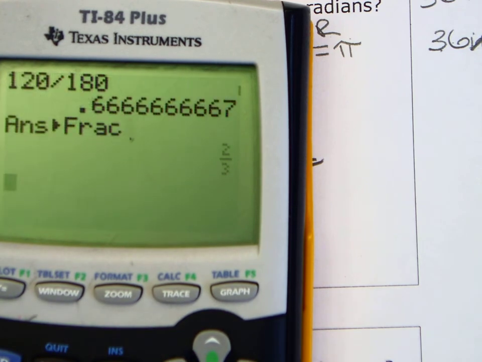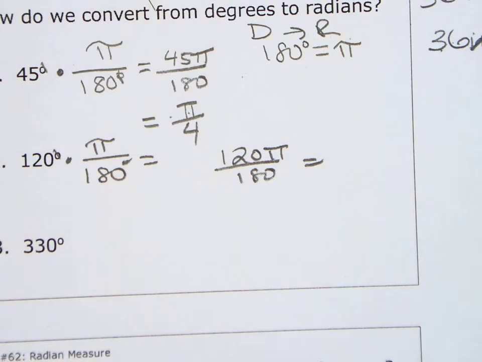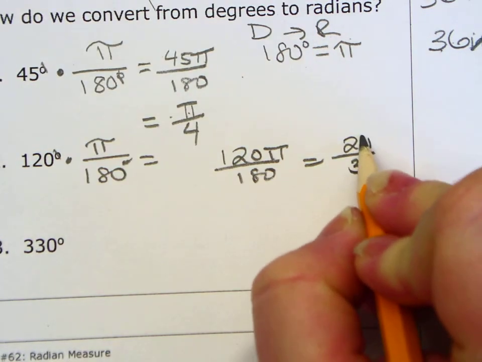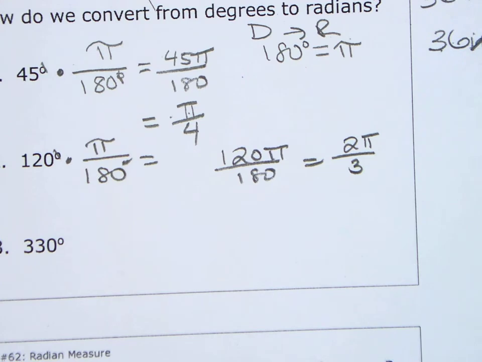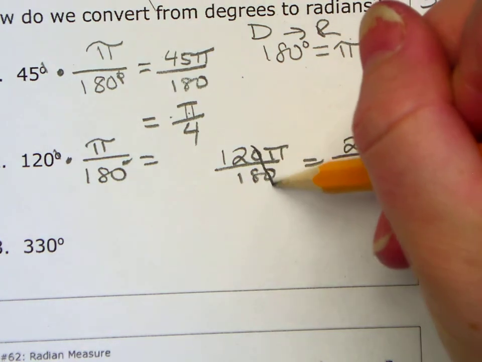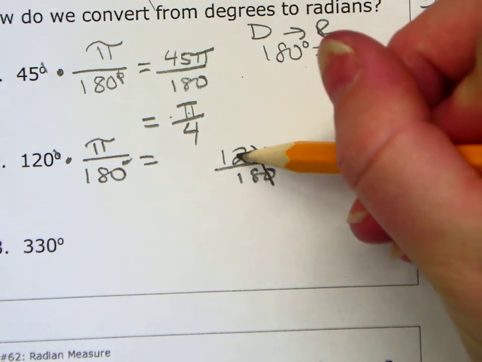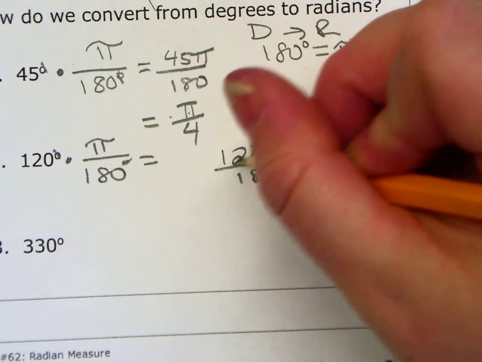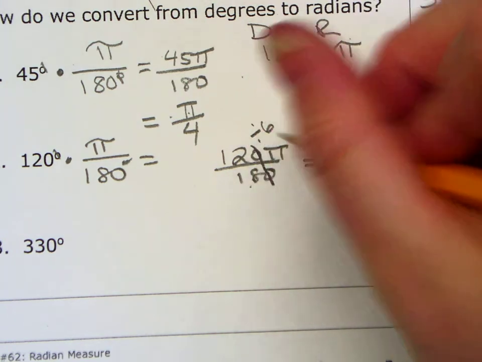Math, enter, enter. 2 over 3. So 2 over 3, and then don't forget your pi. Now, if you want to use your brain, the zeros cancel. 12 over 18, the common factor is 6. 12 divided by 6 is 2. 18 divided by 6 is 3.